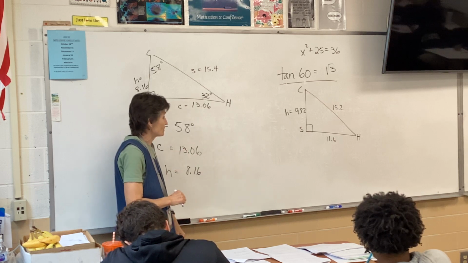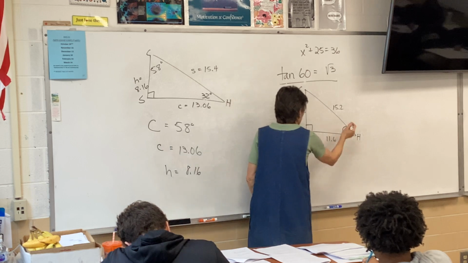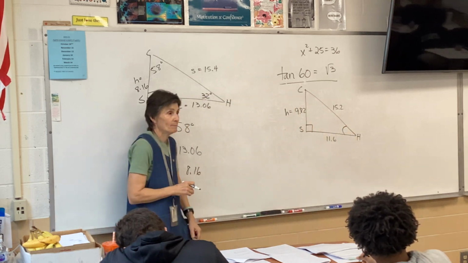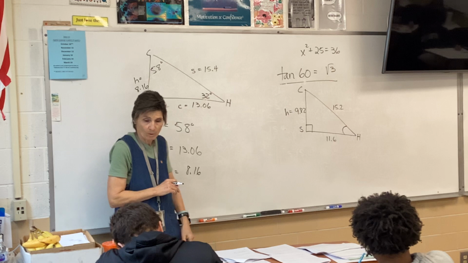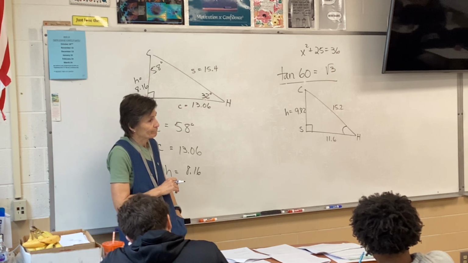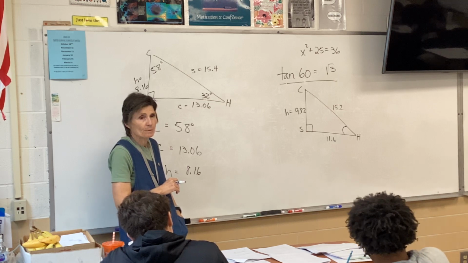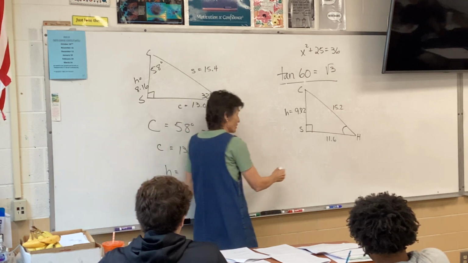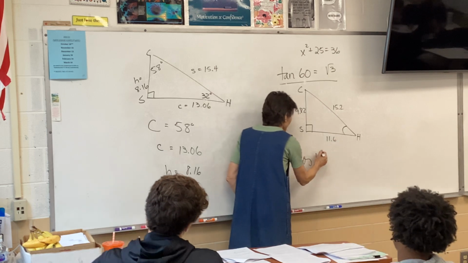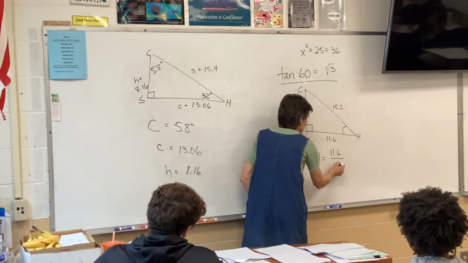I need my angles now. I'll just find H first. It doesn't matter one bit, I find one of them first, so I'll find H first. Any thought on that? Could he do inverse? We know the cosine of whatever H is has to be 11.6 over 15.2.